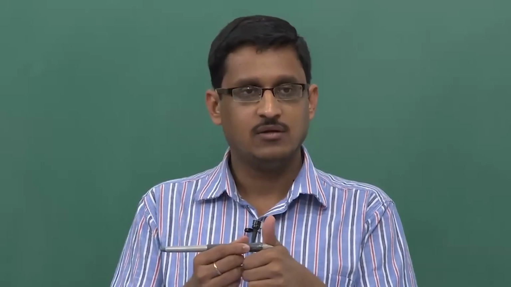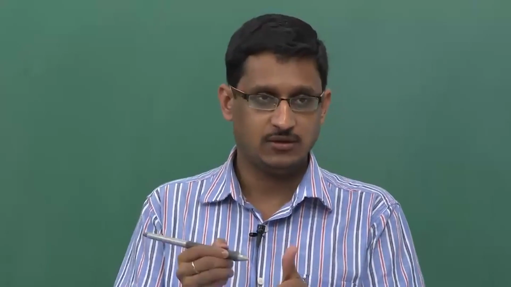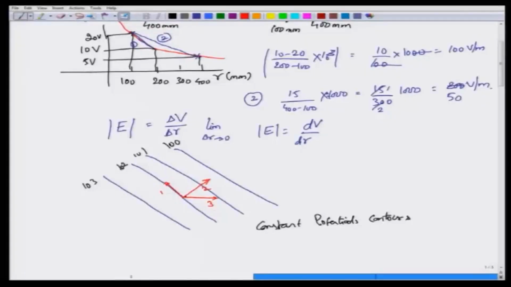Similarly, when the electric field and the line segments are perpendicular to each other, then the work done will be equal to 0 or the potential will be constant. So, along line 1 there is no potential change, along line 3 there is some potential change, which you can decompose into potential change along the x axis and along the y axis.